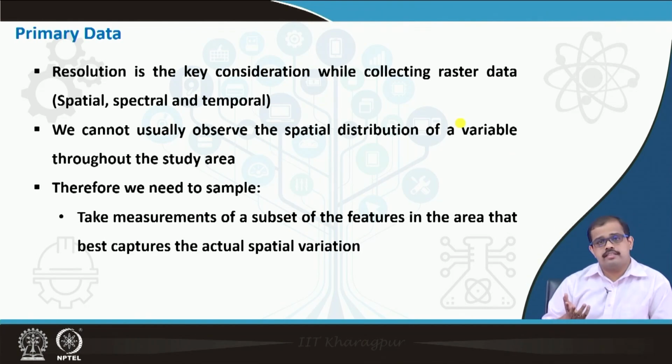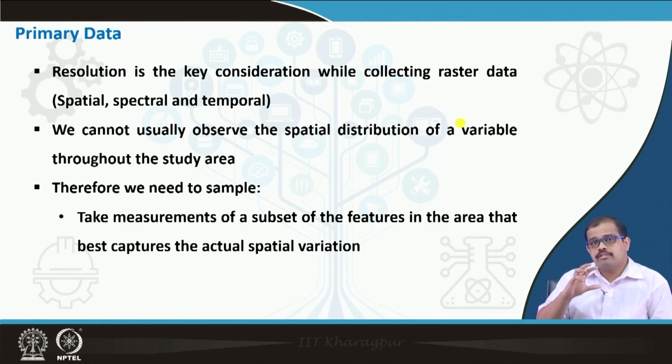If you are considering a Landsat 30 meter by 30 meter, you cannot run around with a 30 meter pixel, because it is absolutely impossible to collect the entire data set, even with 100, 200 or 300 people collecting the data set. So you have to start sampling. The way you sample, that is what is extremely important. Therefore, when we collect, we should also capture the actual variation. That is where the sampling becomes very important.